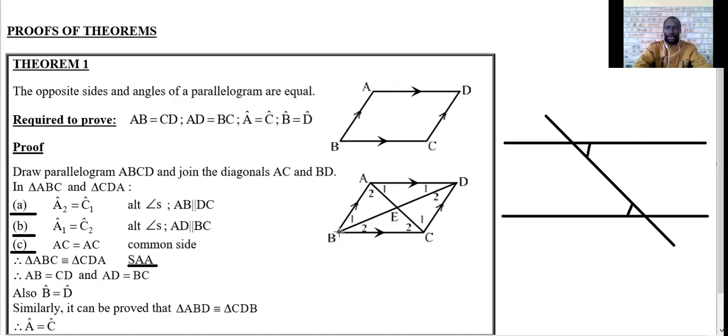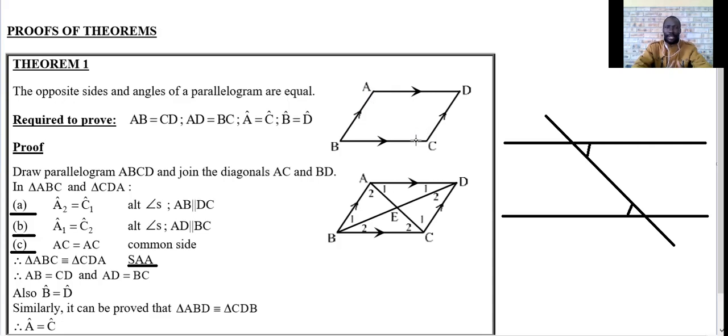Well then, if we put this second diagonal and, for example, we remove the first diagonal AC, then using similar steps, we can show that the triangle A, B, and D and the triangle B, C, and D are also congruent triangles. And because of that, we can also conclude that the angle at A in general, which is this one here, and the angle at C in general are also equal to each other.